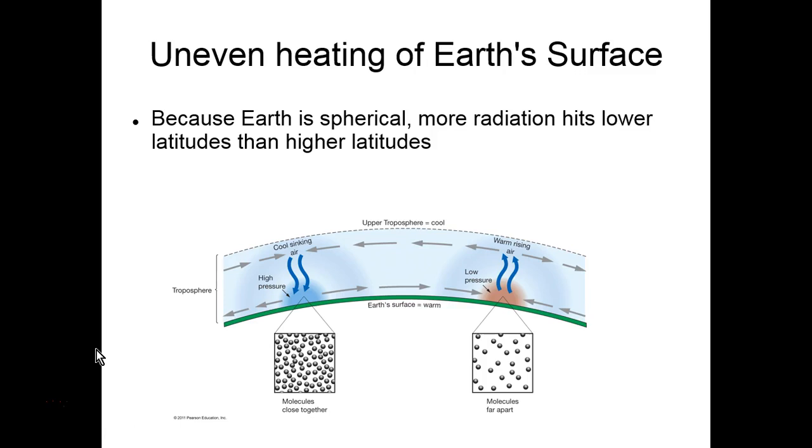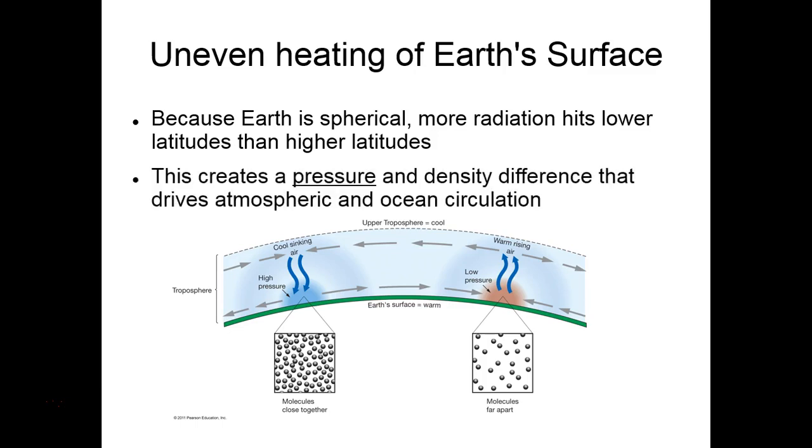So what this means is that Earth's surface is not heated equally. Essentially, the sun's energy is directed between 23.5 degrees north and 23.5 degrees south, just along the equator. And so the farther you get from the equator, the colder it gets.